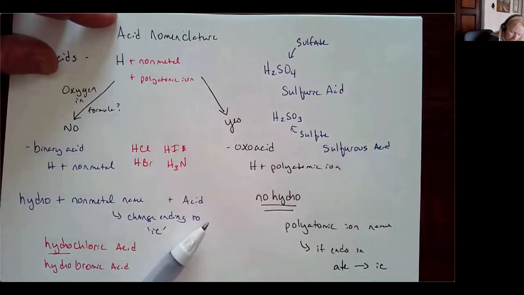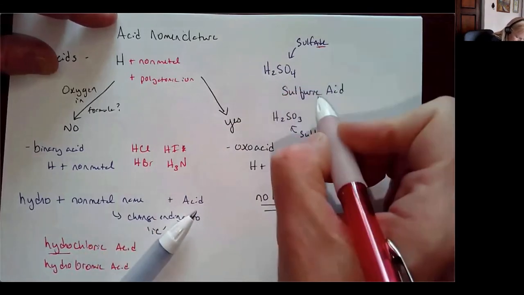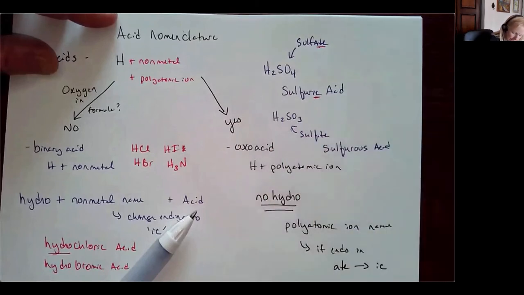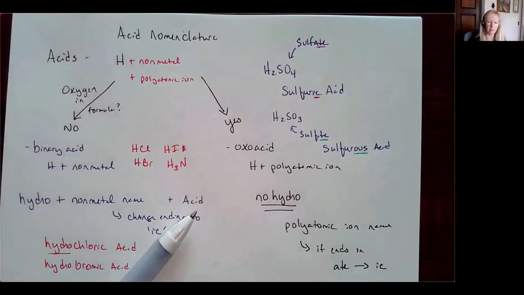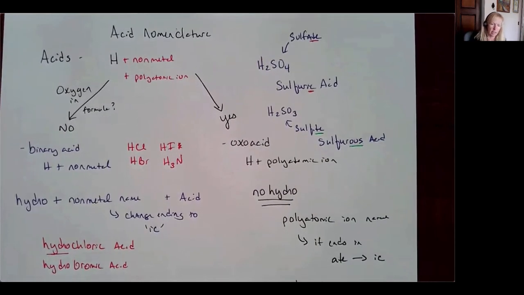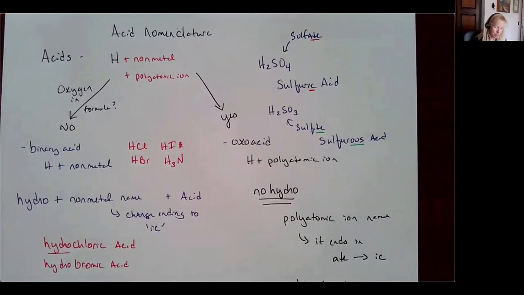So you'll notice here that this ends in ate, so this ends in ic, and this ends in ite, so this is going to end in ous. And that's going to be how we're going to tell these acids apart, because oftentimes you're just going to be given the name of the acid, and if you can remember the nomenclature, it's going to help you to write the chemical formula. A couple of things is that there are some exceptions.